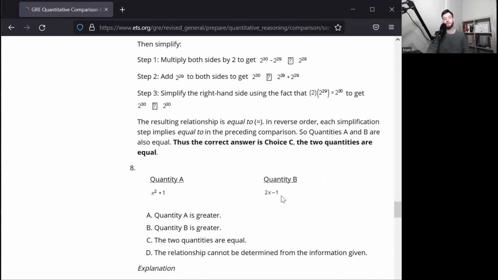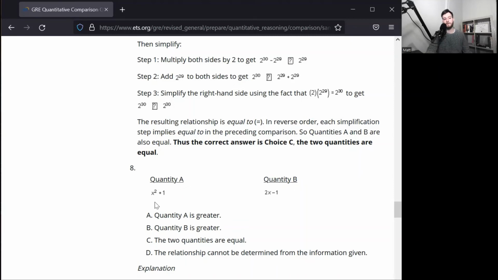Let's try using the number 1. What would be greater? That's right. A would be greater because A is 1 plus 1, which is 2, and B would be just 2 minus 1, which is 1. If you picked any negative number, any at all, which would be greater? If you said A, then you'd be right because a negative number multiplied by itself is always positive.